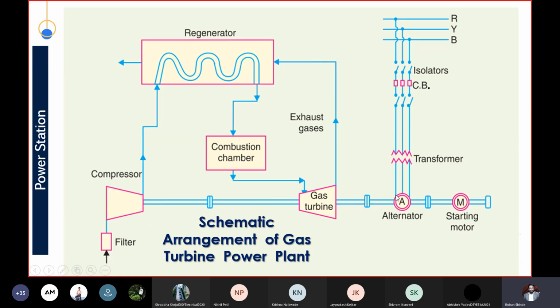The rotor of the alternator is coupled with this shaft. If the rotor starts rotating, this shaft also rotates. The motor has a rotor that is also connected to this shaft. The turbine also rotates, and it is coupled with this shaft. This same shaft is connected to the compressor, so the compressor is of rotatory type.